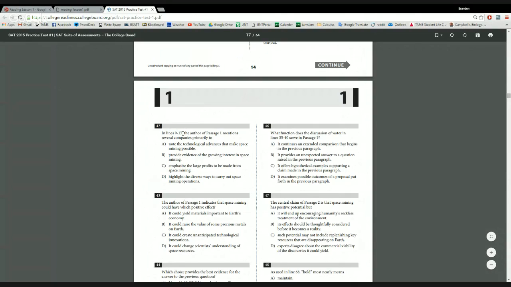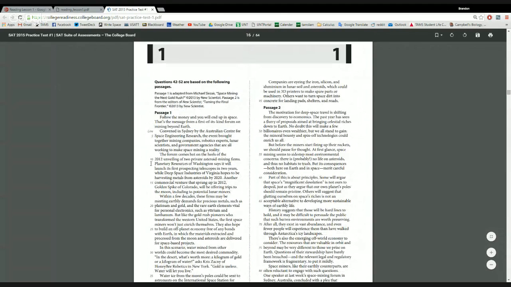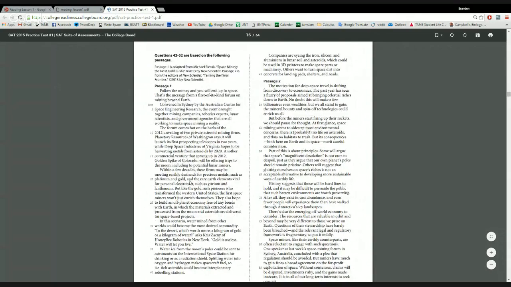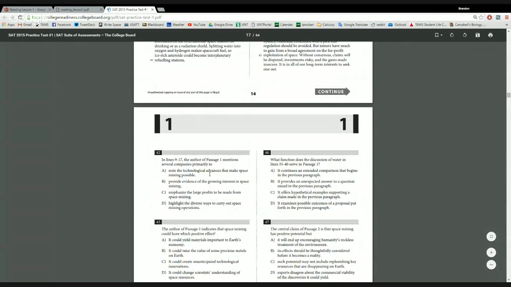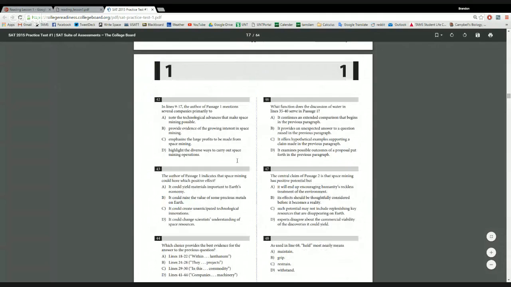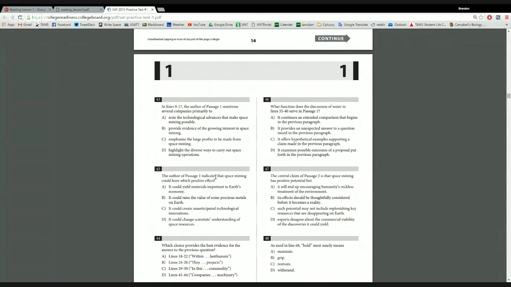In lines 9 through 17, you would go ahead and go to lines 9 to 17, bracket that, and this is only specific to passage 1, so go ahead and just write a 1 right here. And you would go through each one and find out which question pertains to which passage, and write down the number or B that goes to each passage.